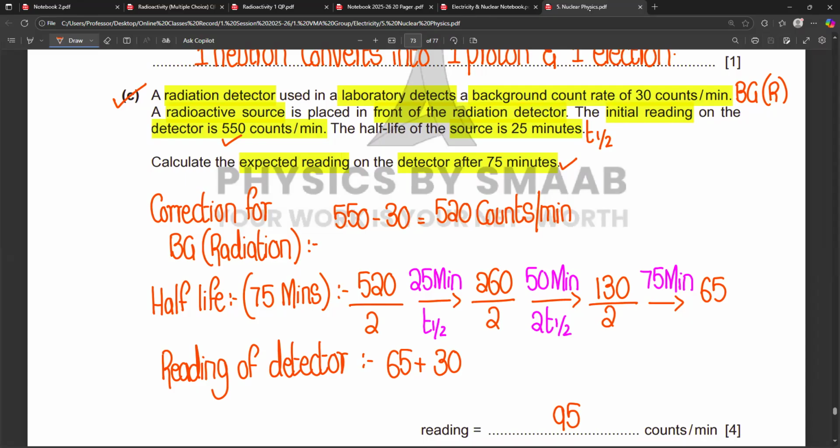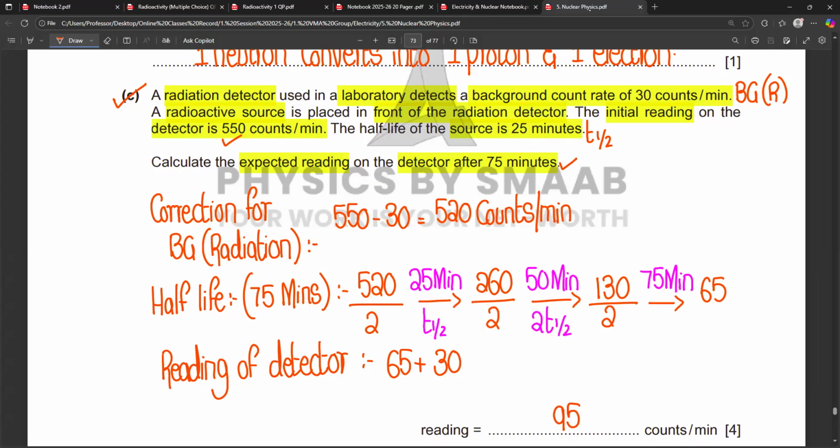So basically, when we are using a detector, always remember the detector always detects the background radiation, because the detector is not able to differentiate by itself whether these radiations are coming from the background or from the radioactive source. We are humans, so we can identify when we place radioactive elements. So it means radiations are coming out from the radioactive element plus the background radiation.